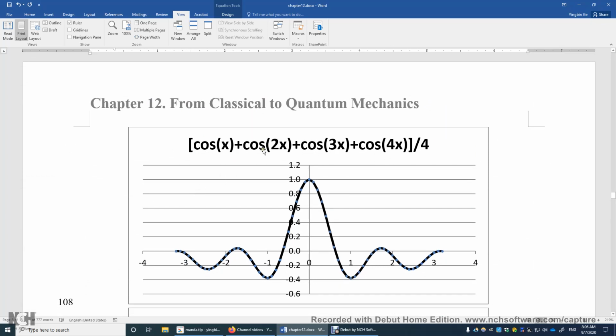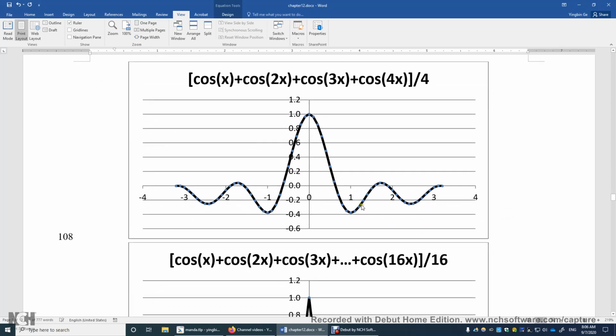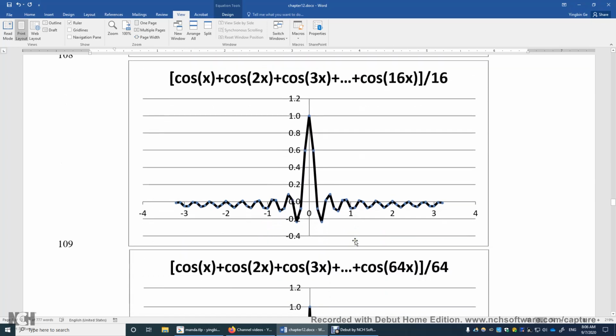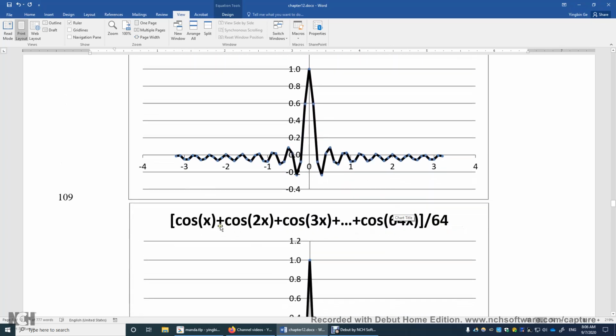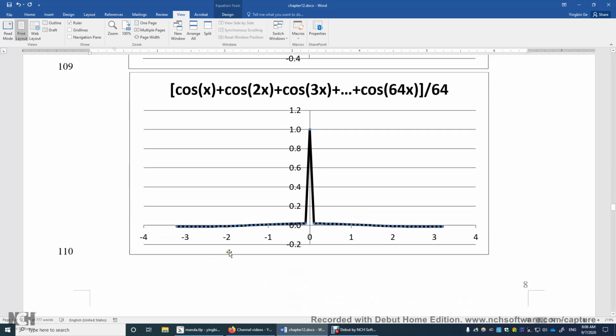Now let's combine 4 different waves, cosine x, 2x, 3x, and 4x. We get a combination here. What's the wavelength of this? I don't know. It's 2 pi, it's pi, it's 2 pi over 3, it's 2 pi over 4. Then 16 such waves, 64 such waves. This time I'm taking the average of 64 waves, cosine x all the way to cosine 64x.